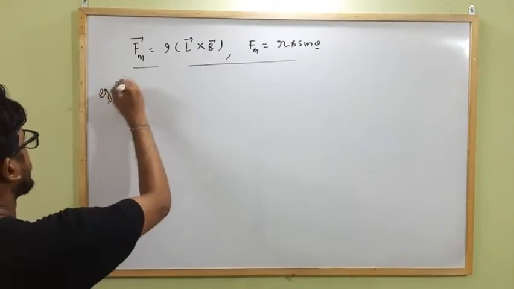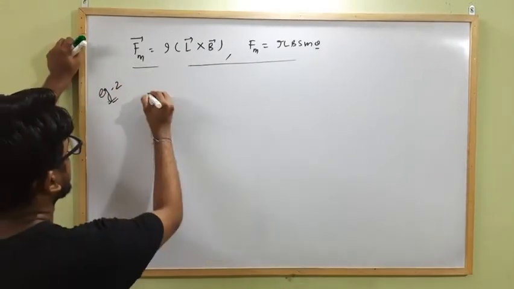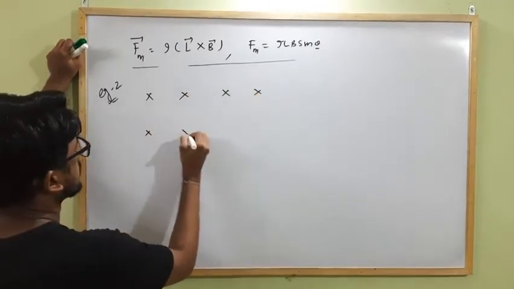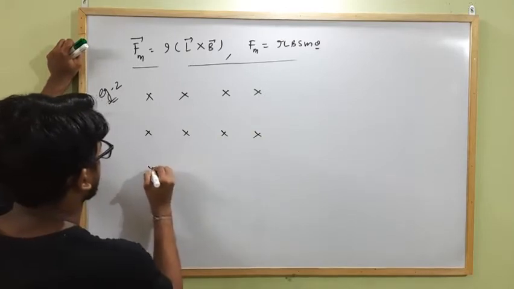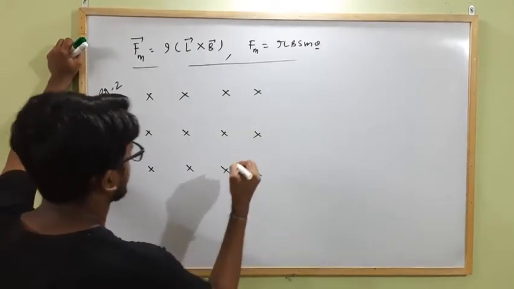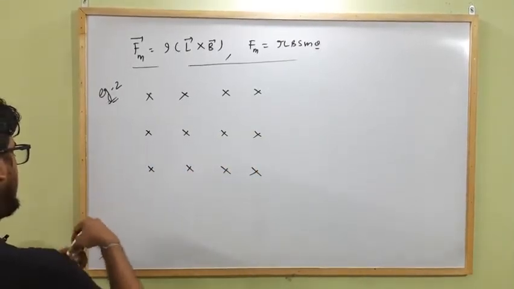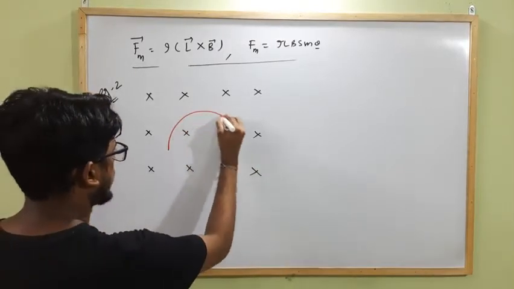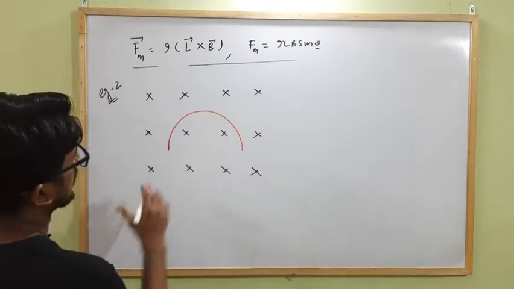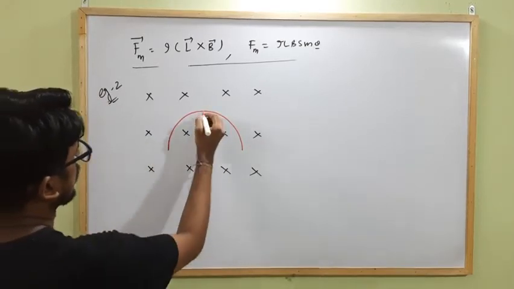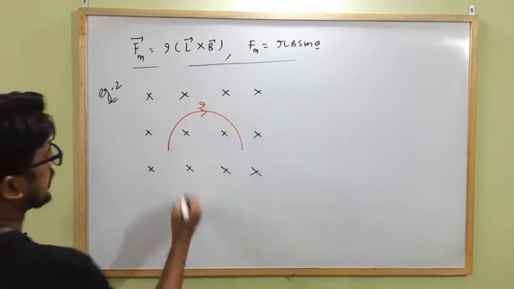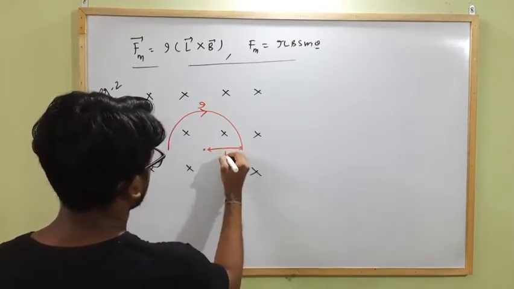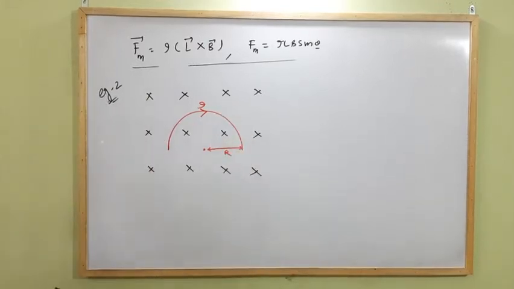Example 2. Here is a magnetic field acting into the plane. And within it there is a current carrying segment like this, in which current is flowing along this direction I, a semicircular arc, and the radius is given as R. Clear?